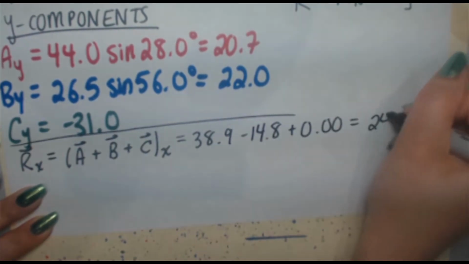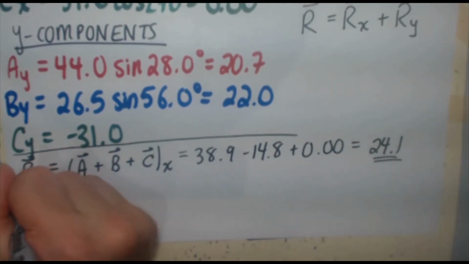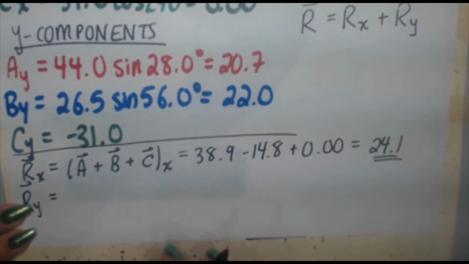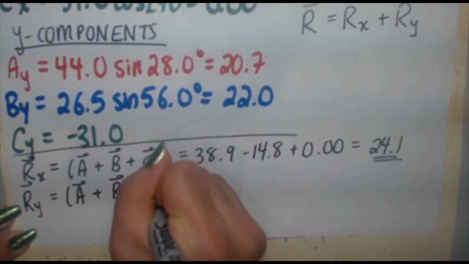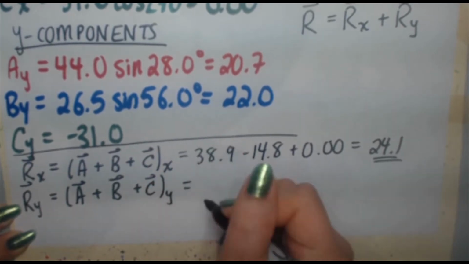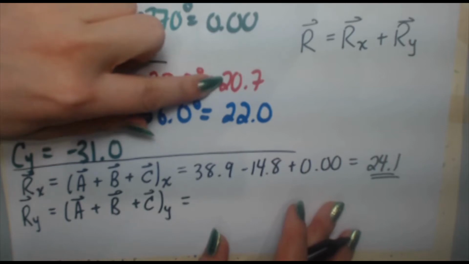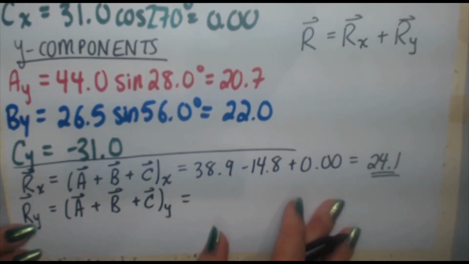That's going to be equal to 24.1. And we do the same thing for the Y direction. So we're going to add the vectors A, B, and C that are in the Y direction. So again, we're going to add these values: 20.7 plus 22.0 plus negative 31.0.